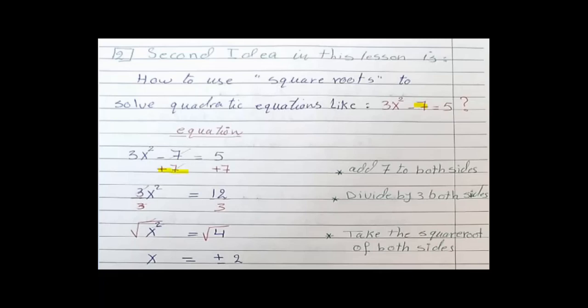We will add 7 to both sides in order to cancel the -7 which is on the side of x squared. Then divide both sides by 3. The last step is to put the square root to cancel the square on x. The answer, as you can see, is positive or negative 2.